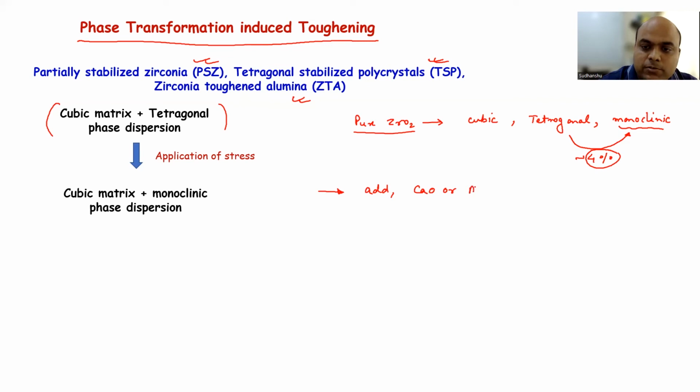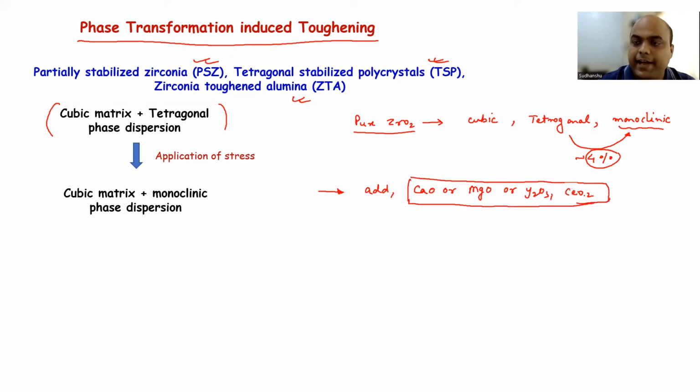CaO or MgO, okay, or yttria or ceria, some oxides, right, which are going to produce different phases at room temperature. Okay, so if we add nearly 7 to 8% CaO in zirconia, and you can go to the phase diagram of zirconia and CaO, you will see that at about 7 to 8% CaO, the room temperature microstructure will consist of tetragonal plus cubic phases.